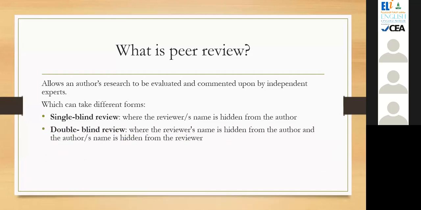Okay, the double blind review, where the reviewer's name is hidden from the author and the author's name is hidden from the reviewer, so they don't know you and you don't know them. Each journal will specify to you whether they will use a single blind review or a double blind review.